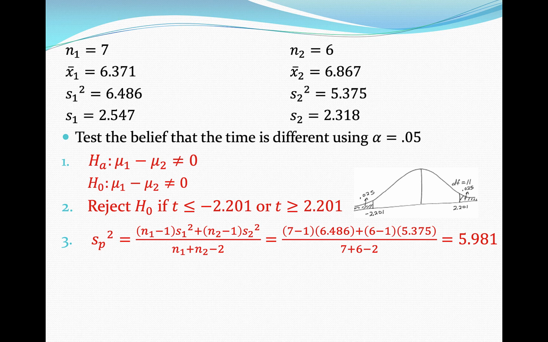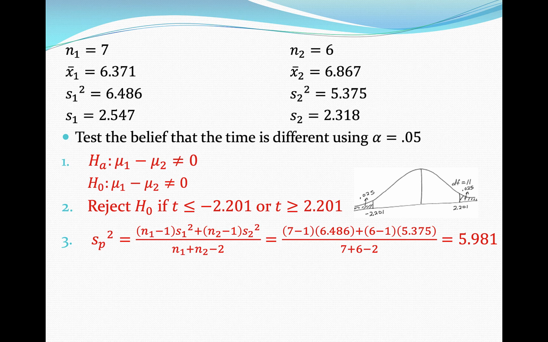And to that, we're going to add N2 minus 1, which is 6 minus 1, times the variance for the girls, which is 5.375. That's divided by the degrees of freedom, which is 7 plus 6 minus 2. If you crank through the math there, you'll get a pooled variance of 5.981.